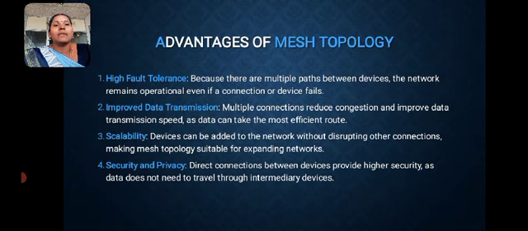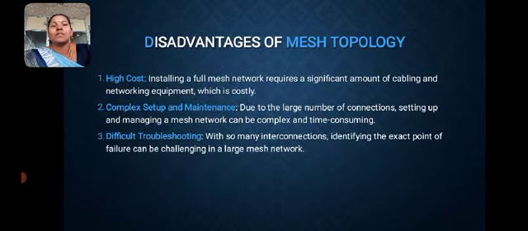Security and privacy: direct communication connections between devices provide higher security, as the data does not need to travel through an intermediate device. And then the disadvantages of mesh topology. It requires a high cost, because installing a full mesh network needs a bulk amount of cabling and network equipment.